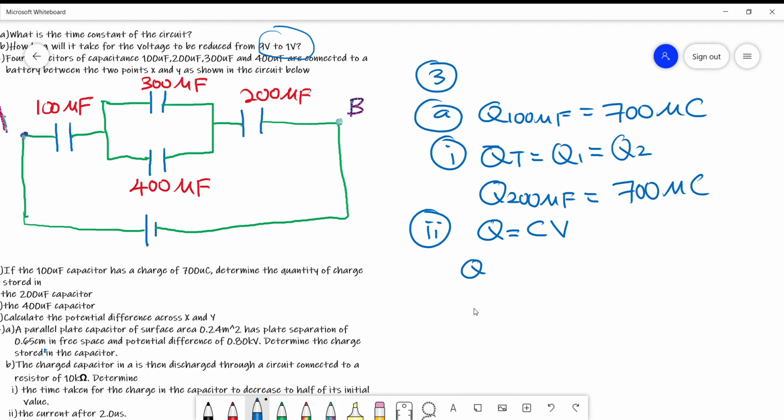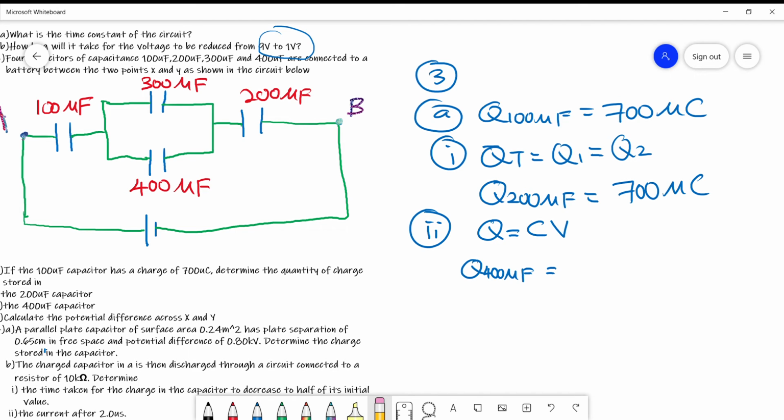So the Q for the 400 microfarad is equal to... how can I find out this one? Let me just observe for a while.